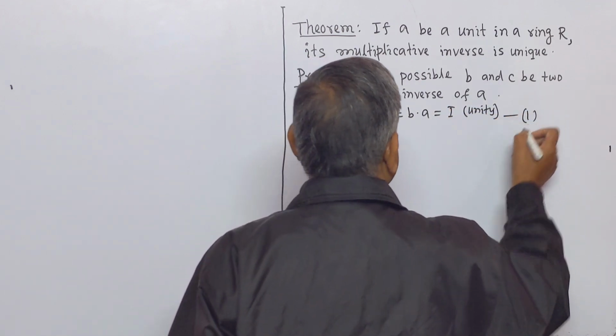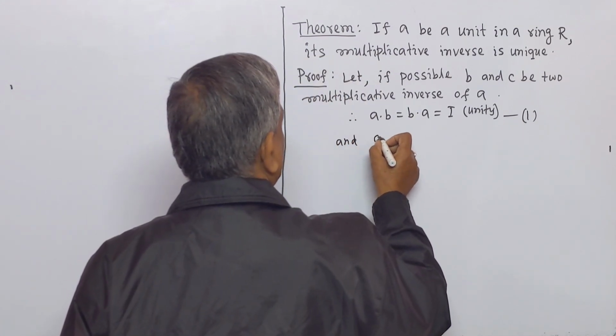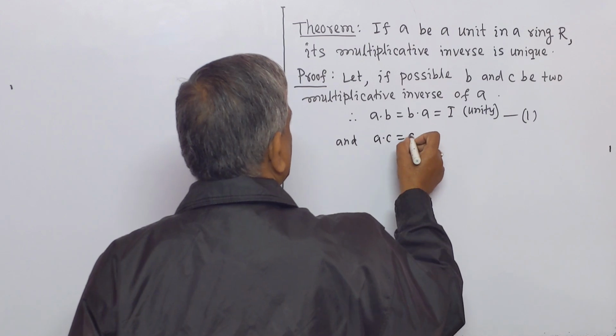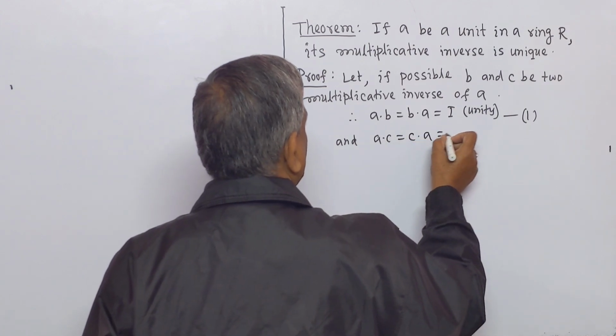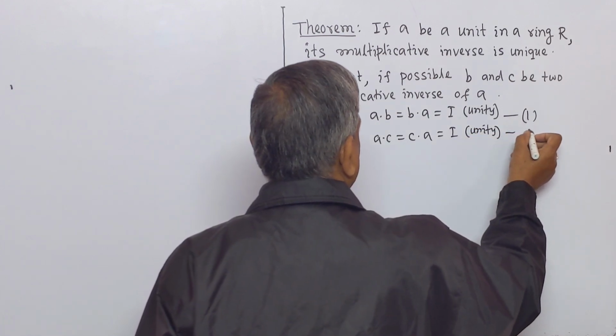This is number 1. And A multiply C equal to C multiply A equal to unity. This is number 2.